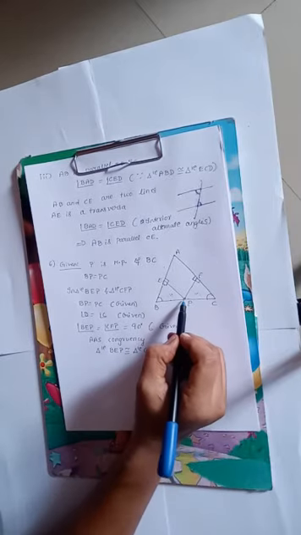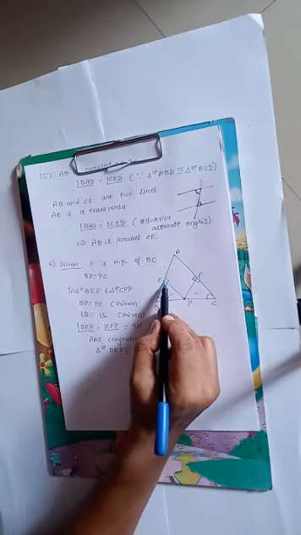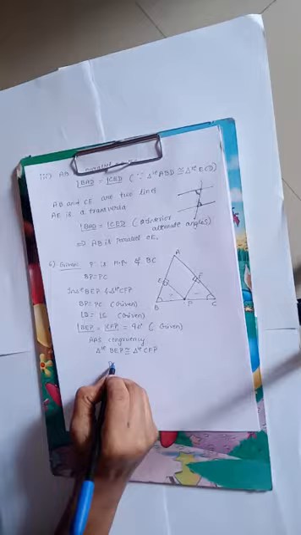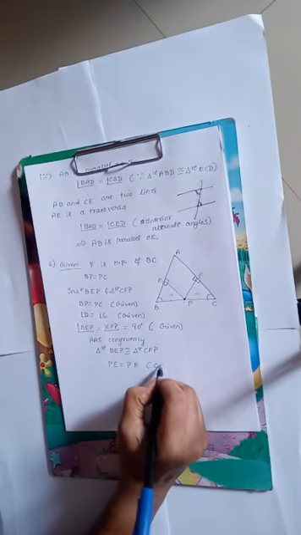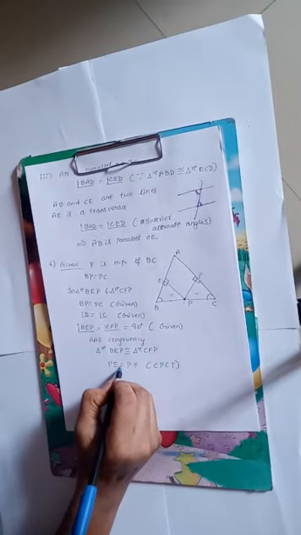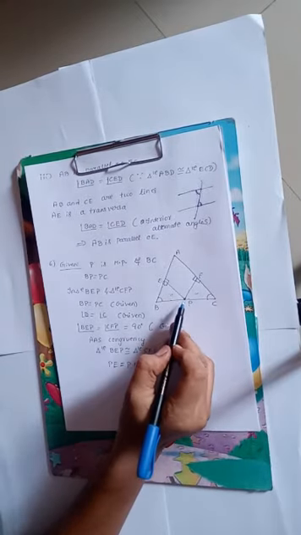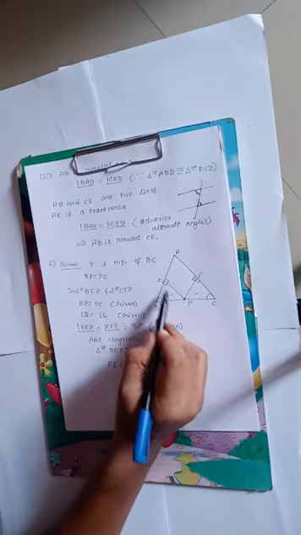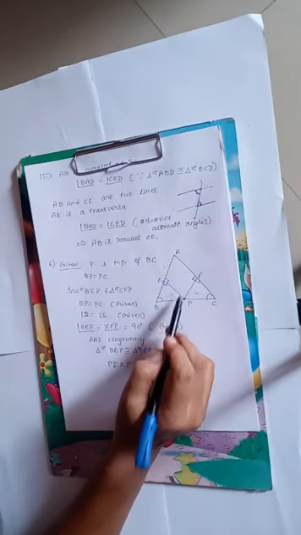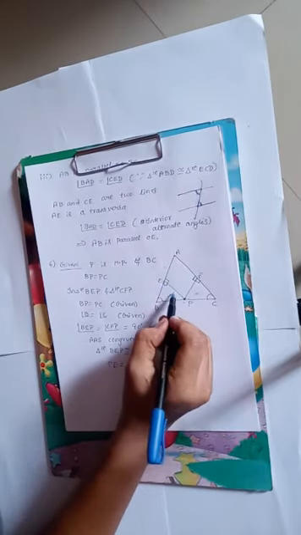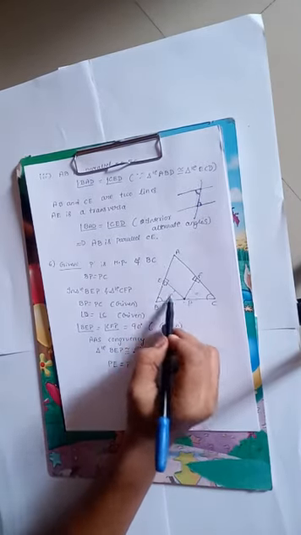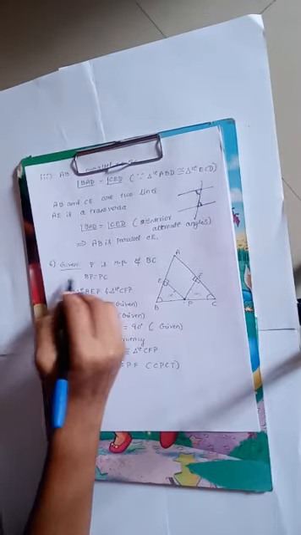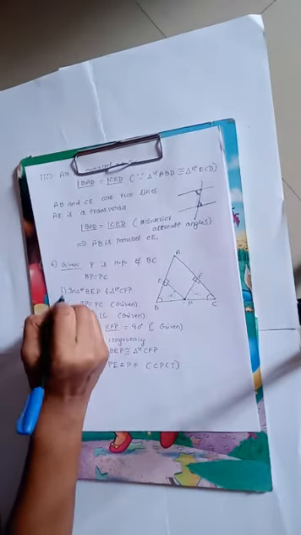Now PE will become equal to PF, the remaining part of the congruent triangle, according to CPCT. The lines drawn from the midpoint of BC perpendicular to AB and AC become equal by proving that these two triangles are congruent. See, this is the first question we proved.